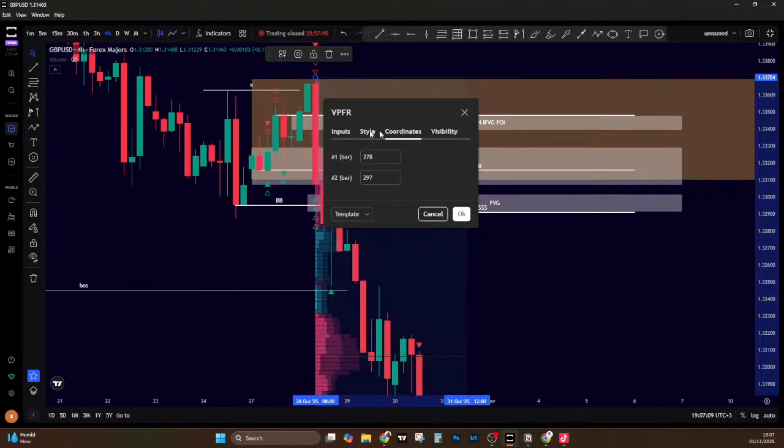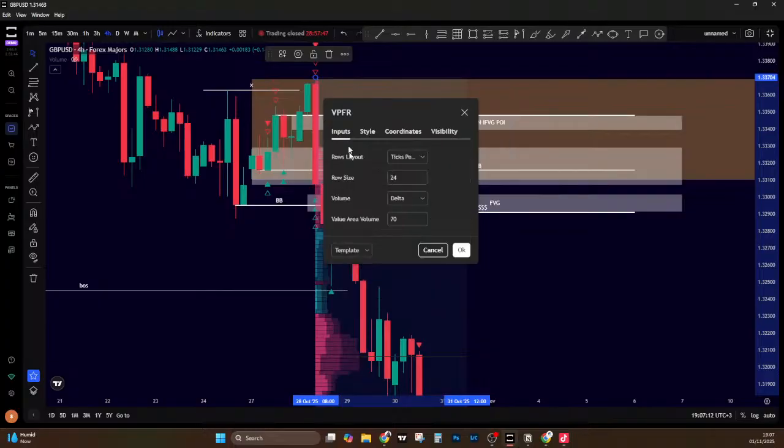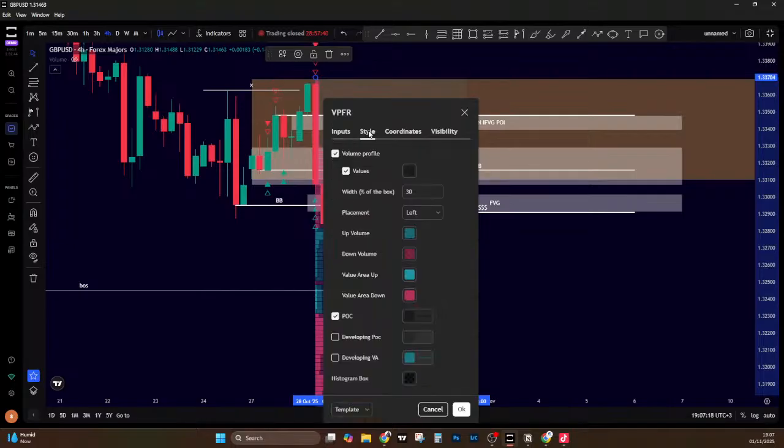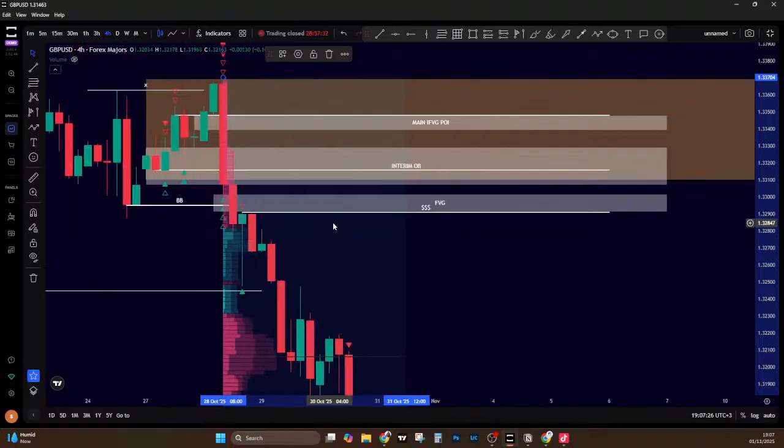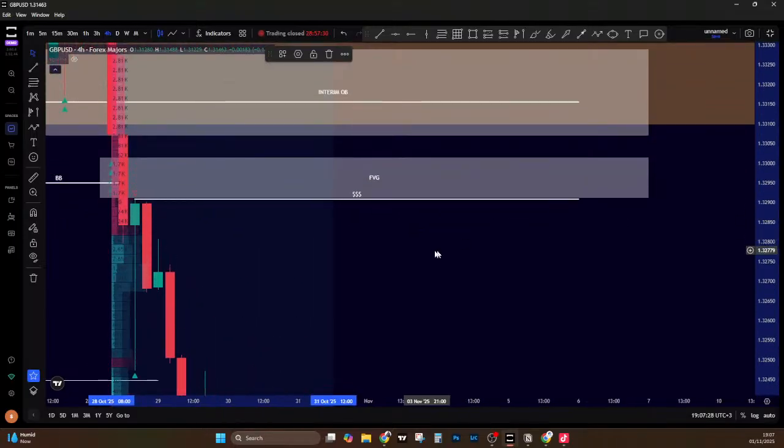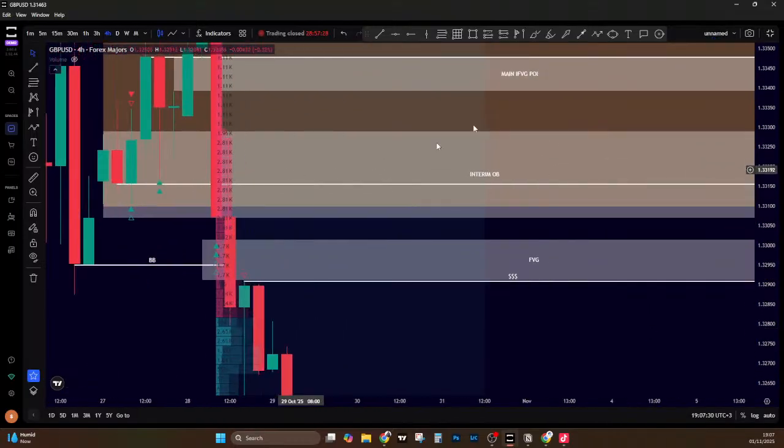Okay, coordinates, visibility. We just try to look for confluence so that we make sure that we are in the right place. So let me try to look at this.